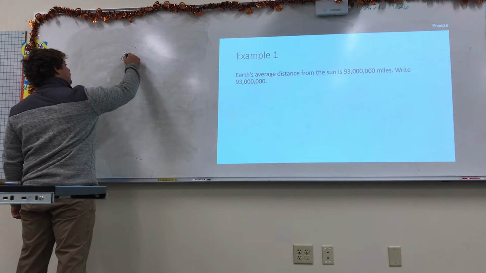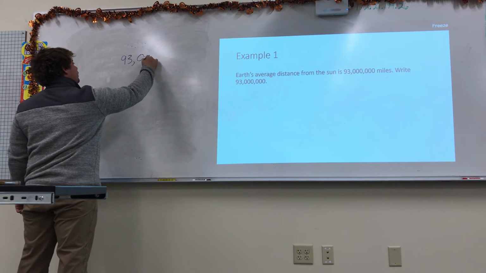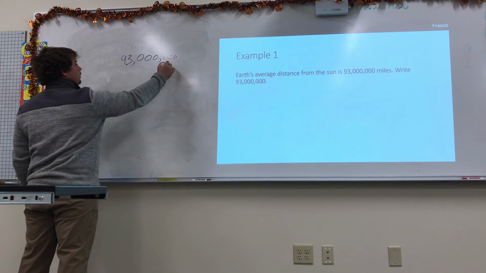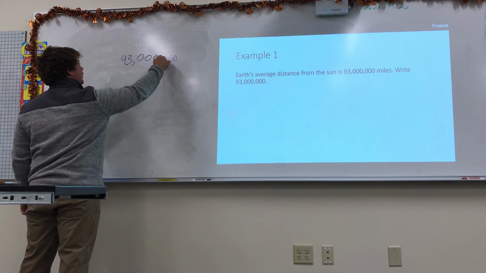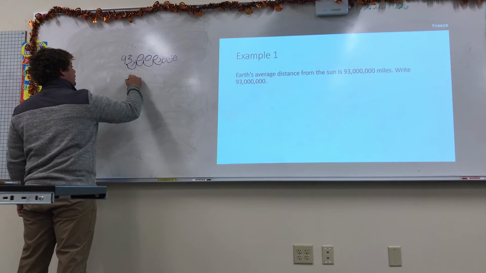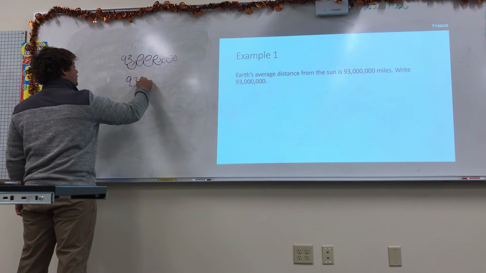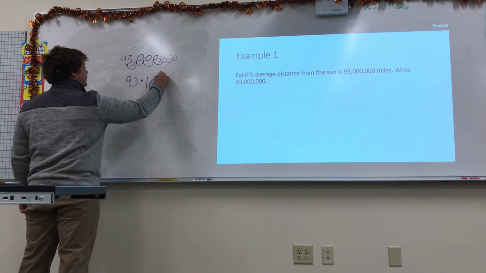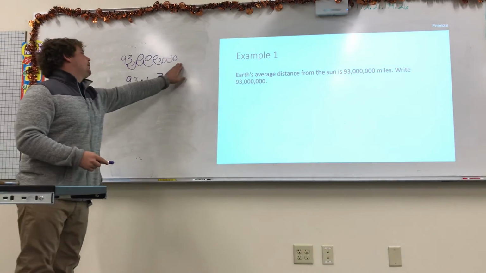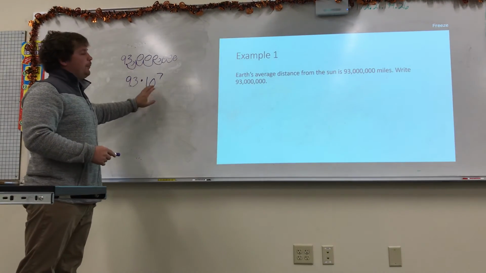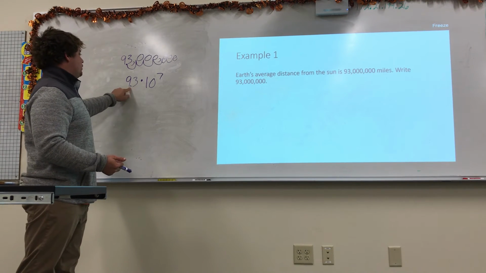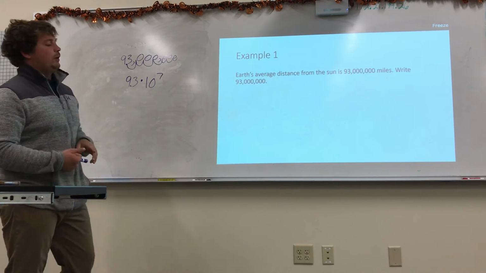When you're writing in scientific notation, you want to put the decimal in between here. So we'd have to move it 1, 2, 3, 4, 5, 6, 7. So we'd have 9.3 times 10 to the 7th power. That would be scientific notation here, 7 being how many spots I moved the decimal place. If you multiply it by 10, that's going to move it every time. When you are in scientific notation, you only want one number in front of your decimal place.